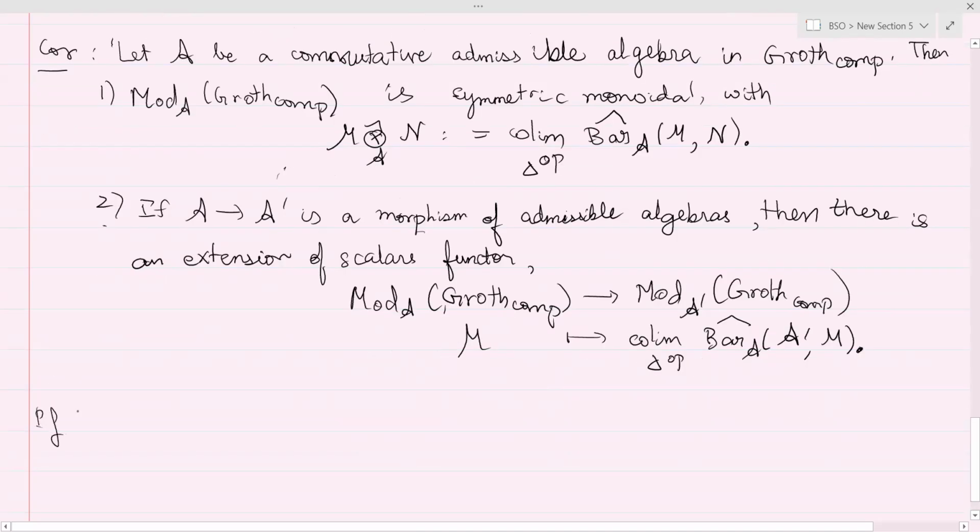So the proof reduces to this fact about almost compact morphisms I was mentioning, and I'll just prove this now.